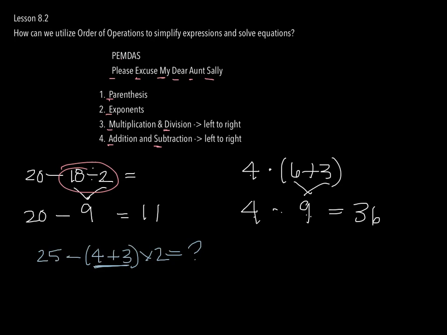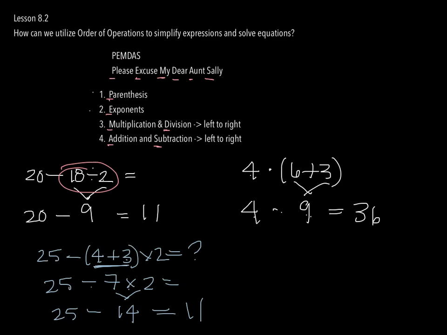So we add those together: 4 plus 3 is 7, and now we just continue writing the problem times 2. After parentheses, are there any exponents to do? No. Now we multiply and divide. We're going to multiply first, and this is going to be 14, and it's 25 less 14. If we solve 25 less 14, we get 11.